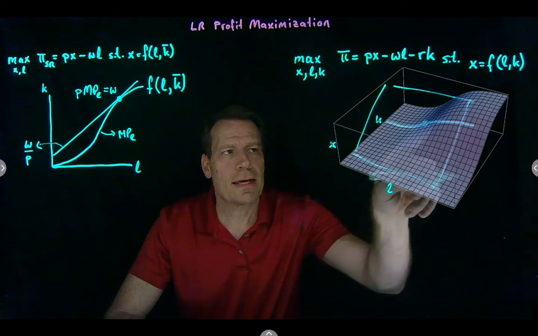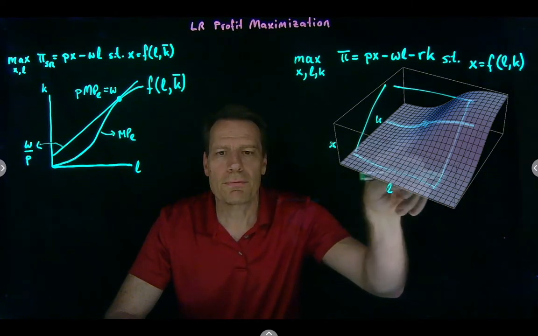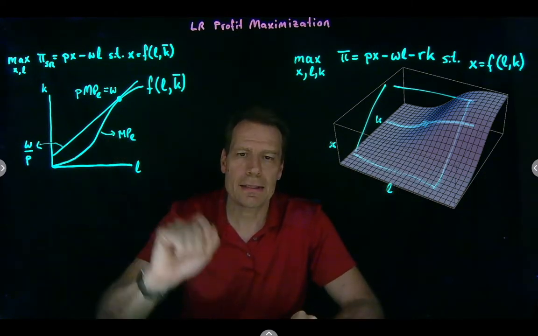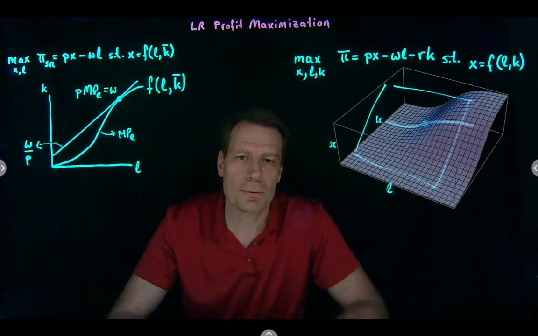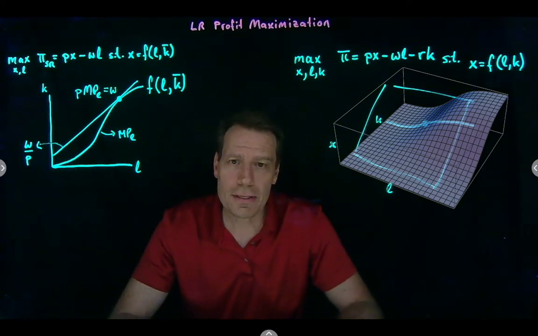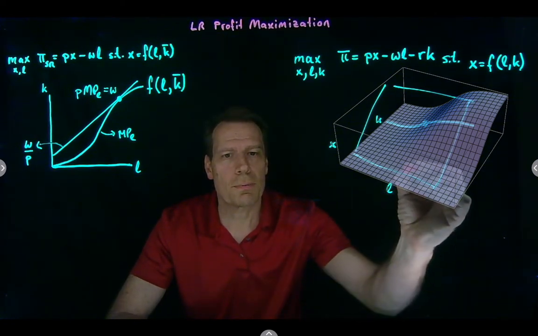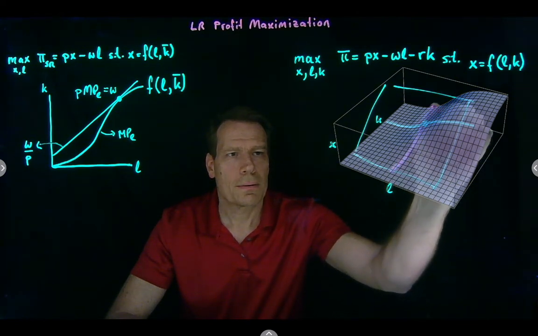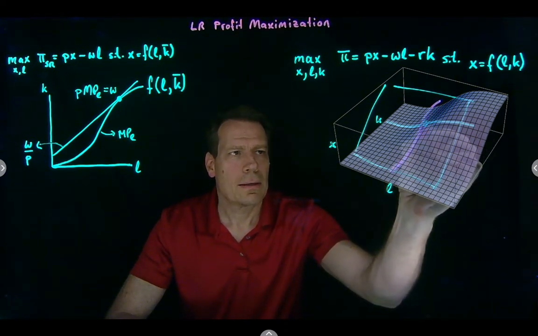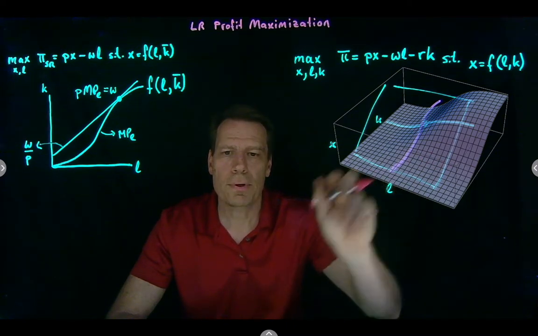The slice of that tangency that holds capital fixed is still going to look exactly like that. So this short-run equation is still going to hold. But now there's another slice we could take, the slice where we hold labor fixed. And have a tangency at that point.